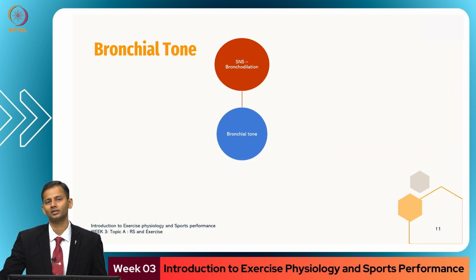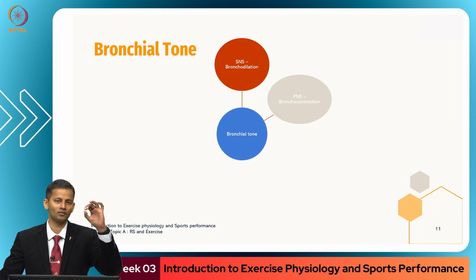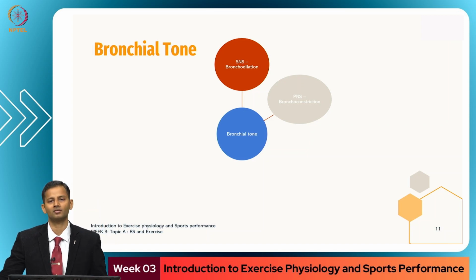We have seen the autonomic nervous system, namely the sympathetic and the parasympathetic, during our discussion in the cardiovascular system. So the sympathetic nervous system causes bronchodilation in the airway tree, whereas the parasympathetic system causes what we call bronchoconstriction, wherein the airway reduces in size, the diameter reduces in size.